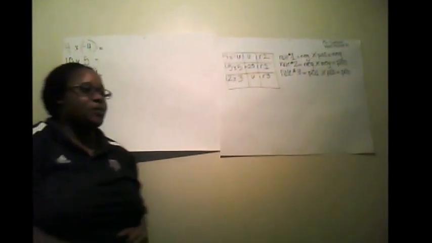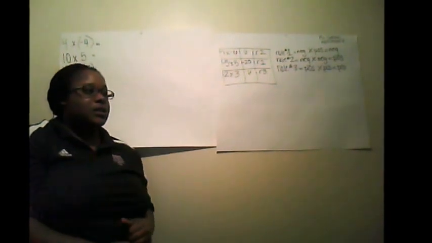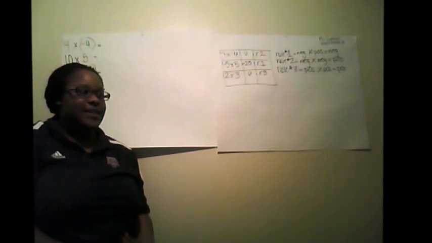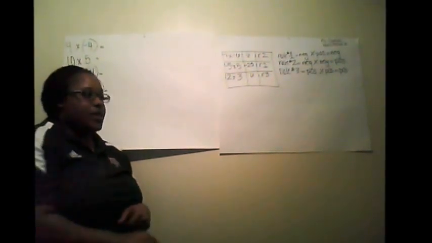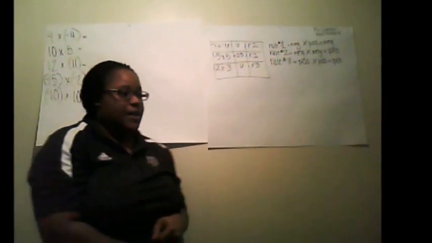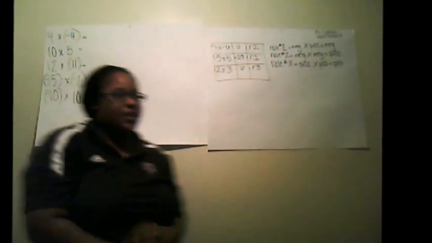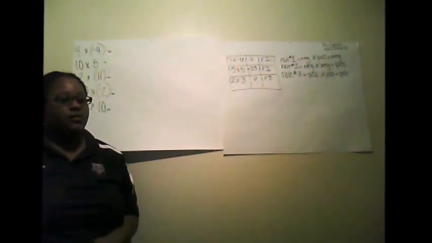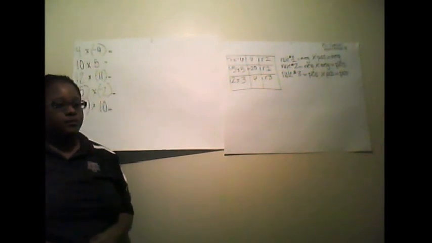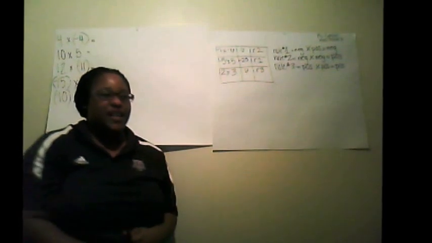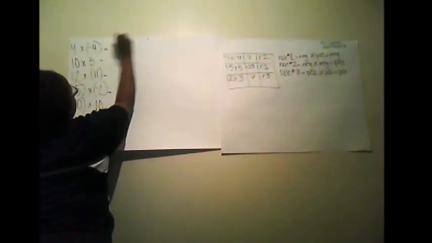So the first problem is 4 times negative 4. Could you please show me your answers? 4 times negative 4 equals negative 8 using rule 1. Let's try that again. You have the rule portion correct, but the mathematics portion is not. Negative 16 is the correct answer, and it also uses rule number 1.